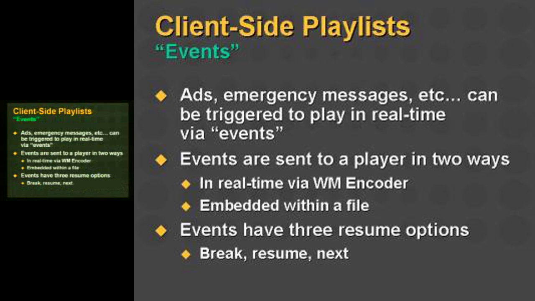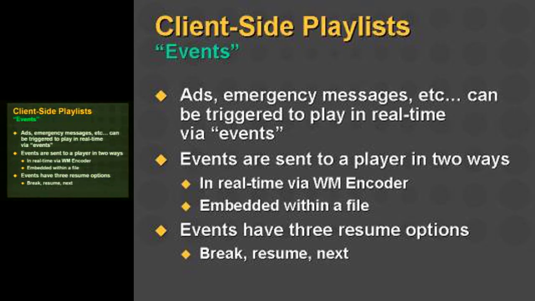Events. These are things that you can embed in a file, and events actually do more than just trigger an event inside of an ASX. An event is part of a larger thing we call script commands. If you look up MSDN, there's a lot of data on how to use these things with the encoder and in files, sending them to a player. They're used for all kinds of things, for driving client-side user interface changes.